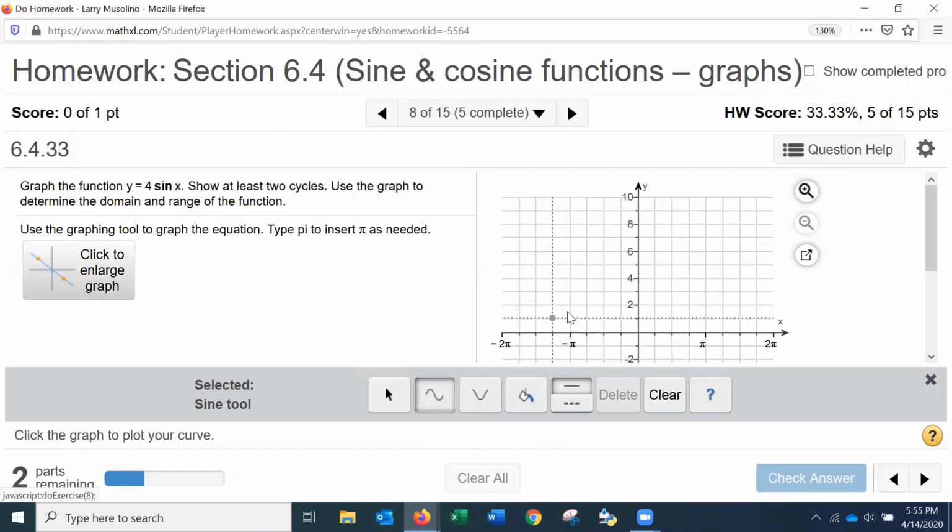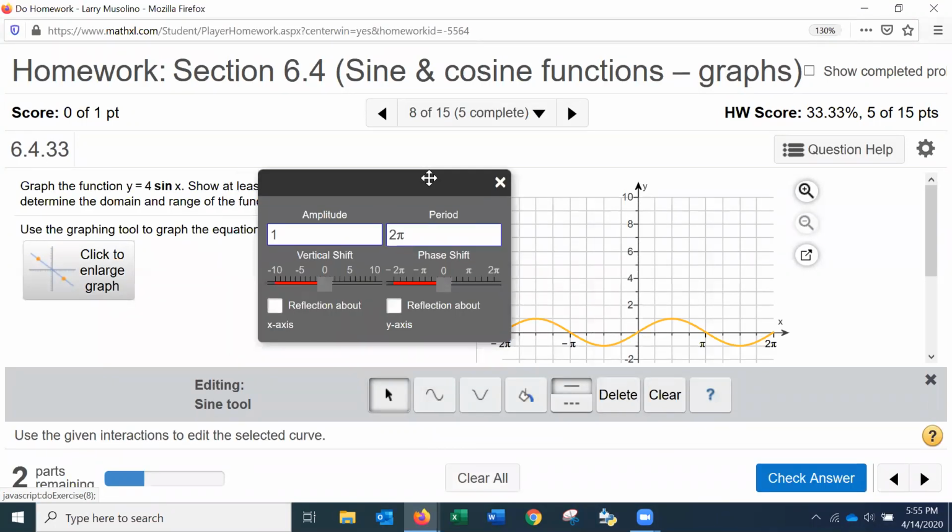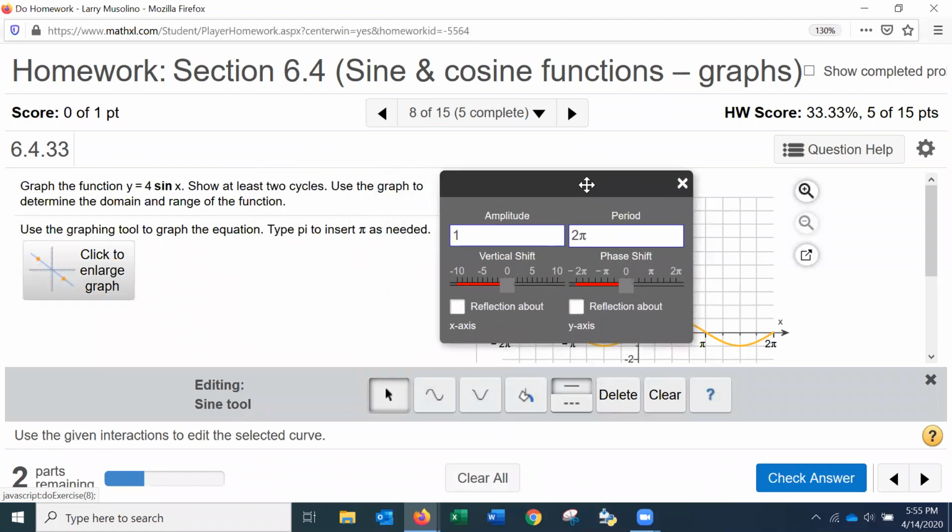Now when I click that and click on the graph, notice it's going to allow me to type in the amplitude and the period. Well, the amplitude in our example is 4. And the period in our example is 2 pi, because you can imagine that there's a 1 in front of this x, so our omega is 1.